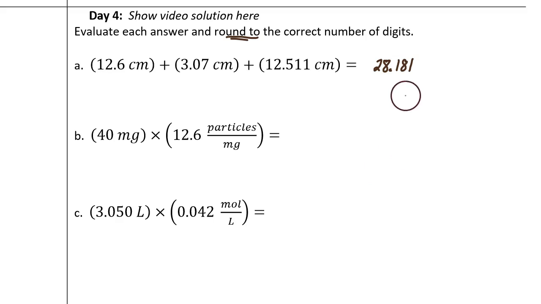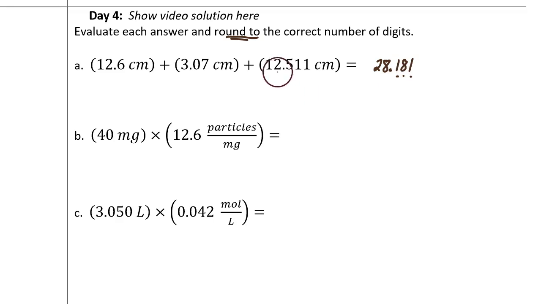Now your math teacher would probably be perfectly happy if you gave an answer like that, but this is not good enough in chemistry class, because writing an answer like this seems to communicate that the measuring devices that were used to measure all those lengths were precise to 3 decimal places, that is to the thousandths position, and that's not true.